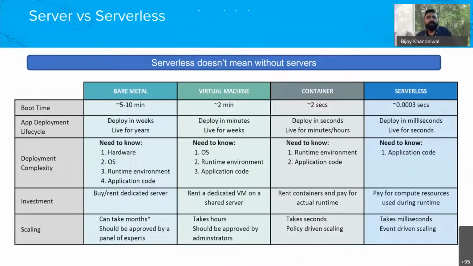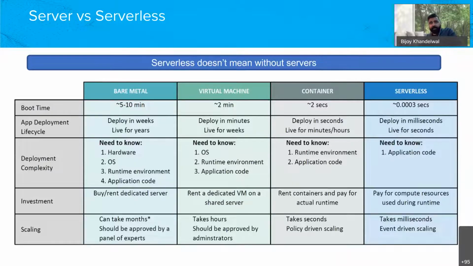One other part is, I'm just picking up points which are normally creating hype in the market, and people need to understand what exactly they are. So it is server versus serverless, mostly used by players in the market like AWS, GCP, and those kinds. Again, serverless doesn't mean the code is running on air.